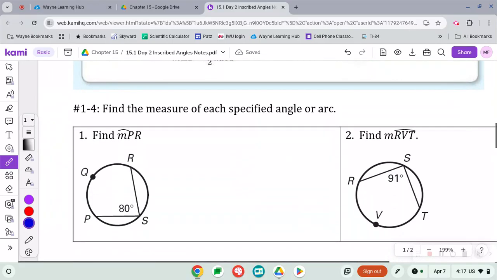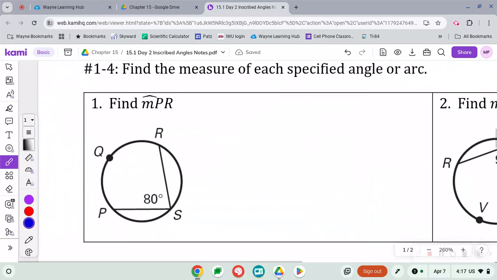So let's take a look here, and it tells us that we are supposed to find the measure of arc PR. That should be right here. It copied funny again, but arc PR. The first thing I want to point out is there are only two letters here. If we only have two letters, right off the bat, I know that this is a minor arc, which means it has to be less than 180.